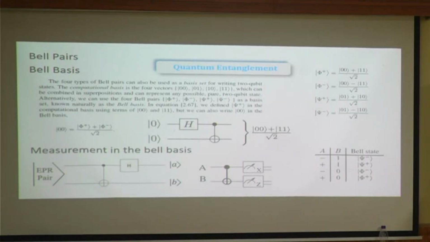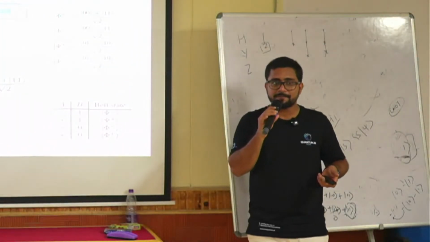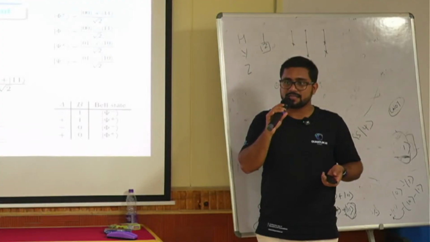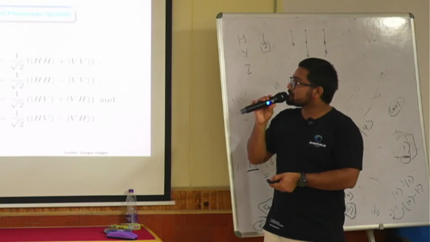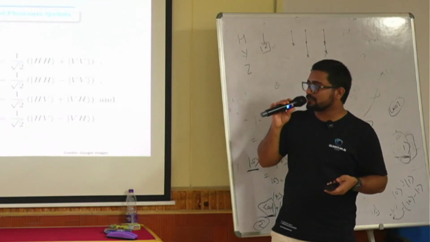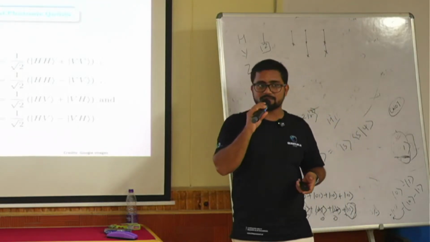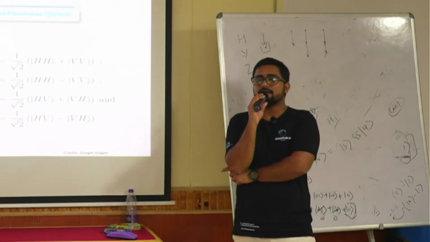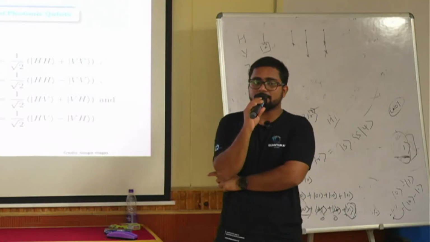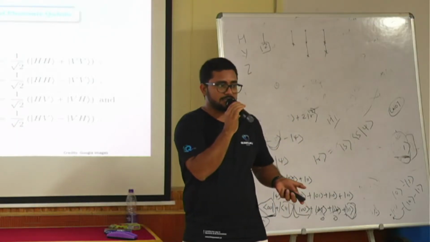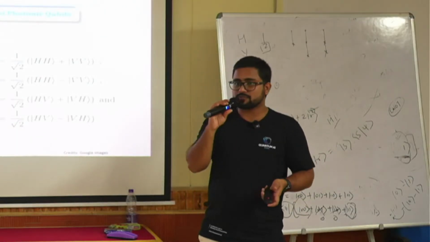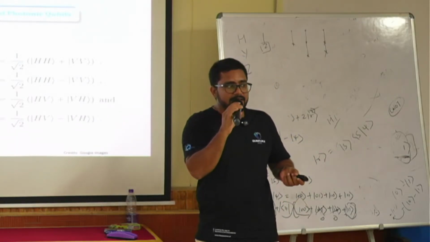Now I will jump into the communication, how a photonic qubit is created, and how we can see entanglement from an experimental perspective. As I said, all Bell pairs can be written in terms of 00, 11. Photons have a fundamental property called polarization. It can be horizontal or vertical or a superposition of that, and it can be easily manipulated using wave plates, such as a half wave plate or quarter wave plate.